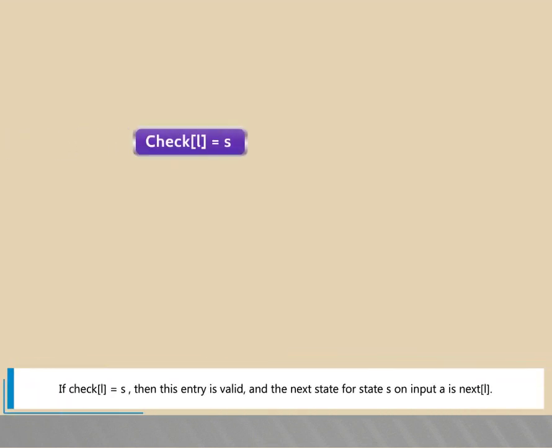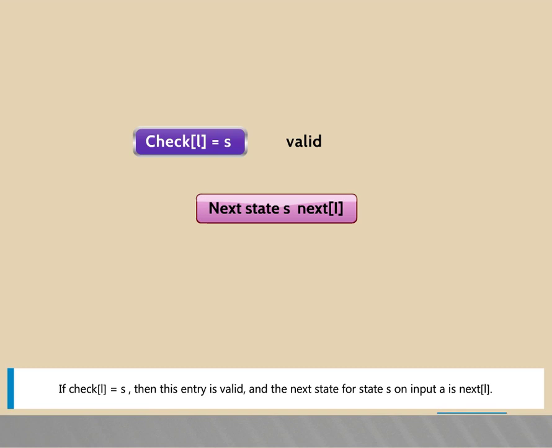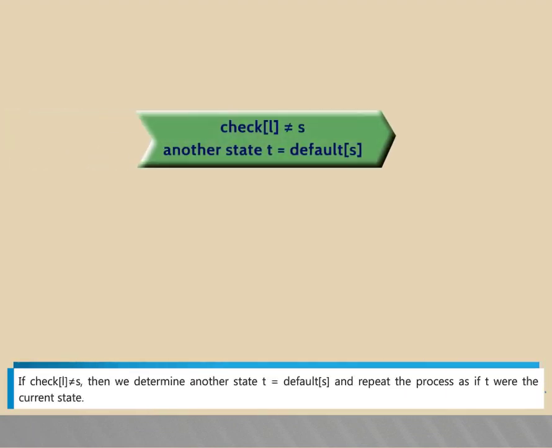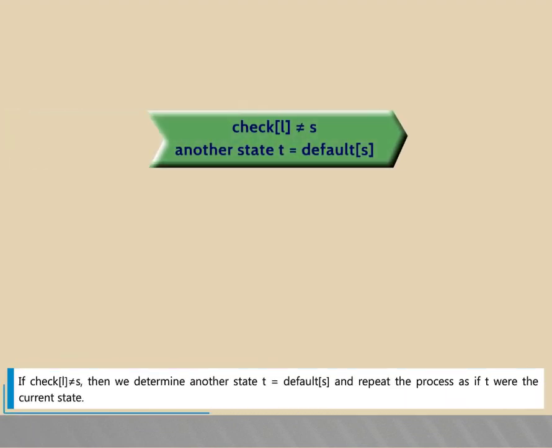If check of l is equal to s, then this entry is valid and the next state for state s on input a is next of l. If check of l is not equal to s, then we determine another state t equal to default of s and repeat the process as if t were the current state.